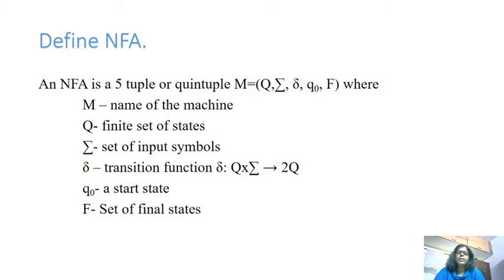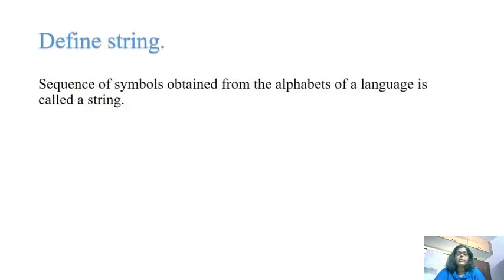Here the delta transition function takes a state Q, reads the input symbol sigma and moves to 2 to the power Q, the set of states. In a DFA, it moves to a single state only, so only Q is present in the DFA definition. In the NFA definition, we have 2 to the power Q. Q naught is the start state and F is the set of final states.